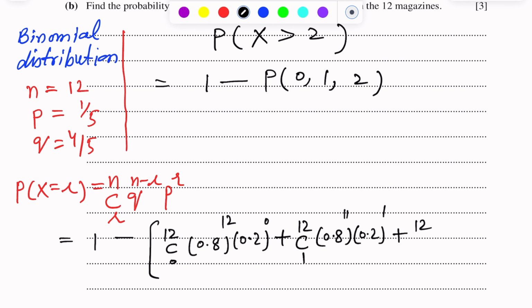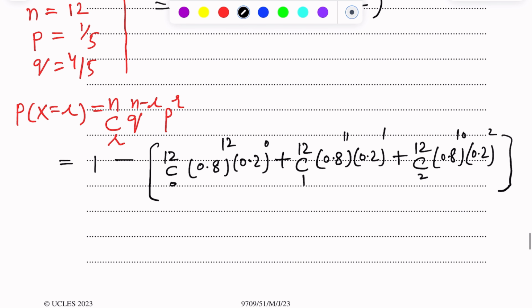Next is 12C2, 0.8 power 10, 0.2 power 2. Now we will simplify these terms using a calculator.